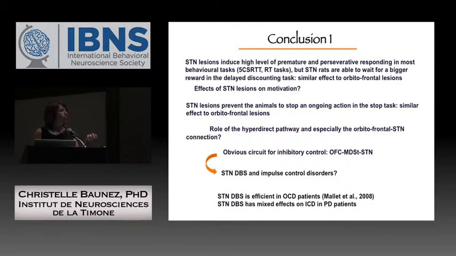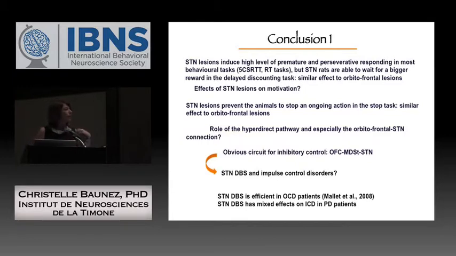So it also questions the role of this hyperdirect pathway that has been highlighted in recent years, connecting the orbitofrontal cortex to the STN. And this connection really needs to be assessed precisely. And as I've shown you, there's an obvious circuit for inhibitory control involving the orbitofrontal cortex, the dorsal medial striatum, and the STN.